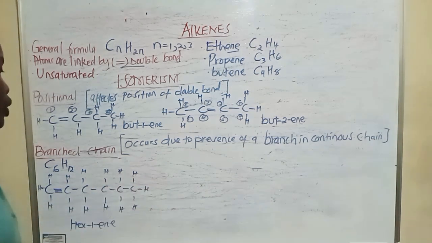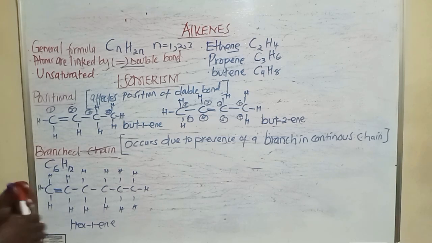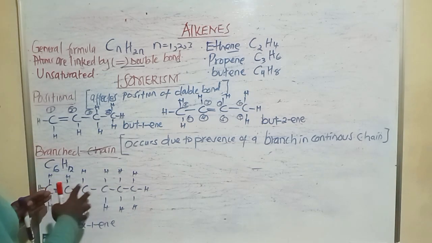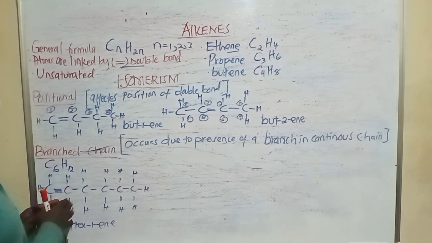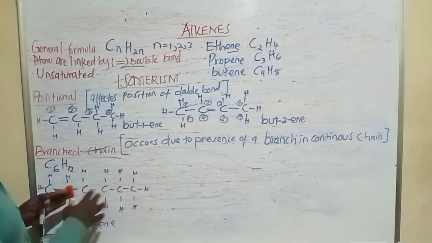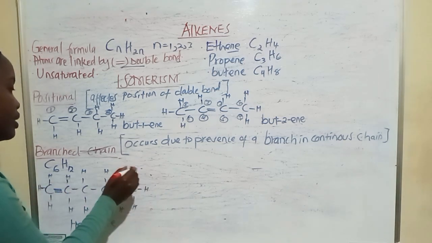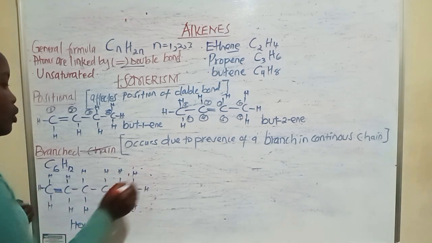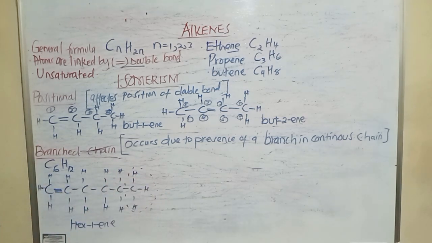So the isomer is going to be, we're going to take our functional group and detach and reattach it somewhere along our carbon atoms. Okay, so let us take this one. We're going to take that methyl group.